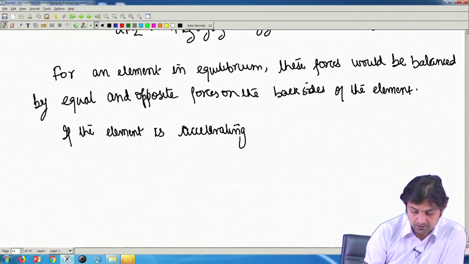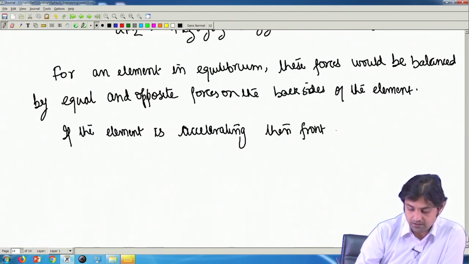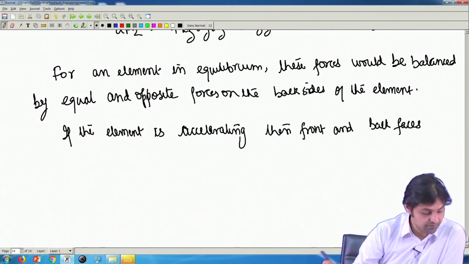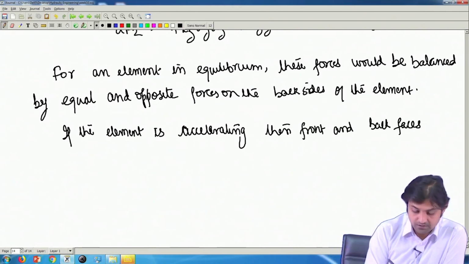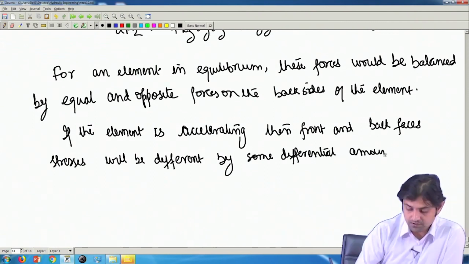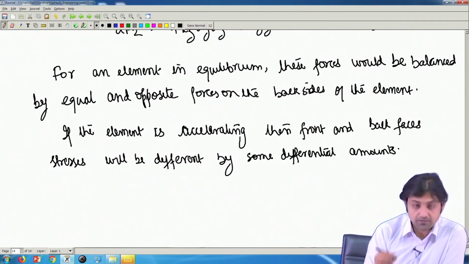Then the front and back face forces or stresses will be different by some differential amount.